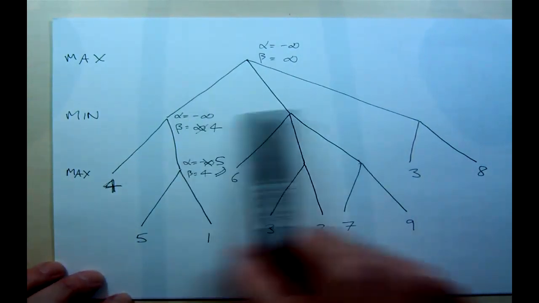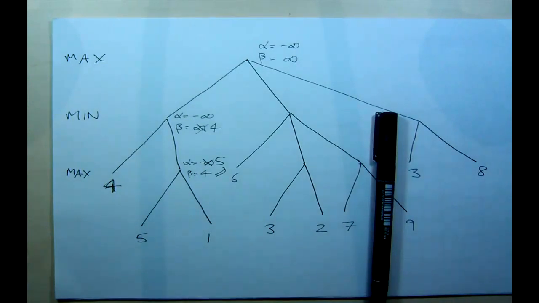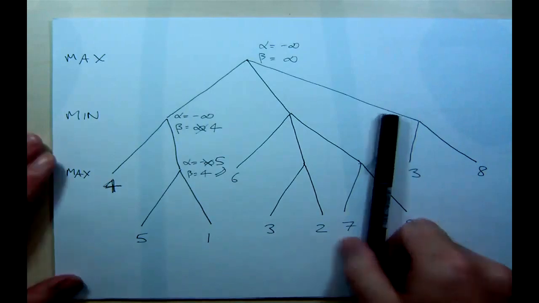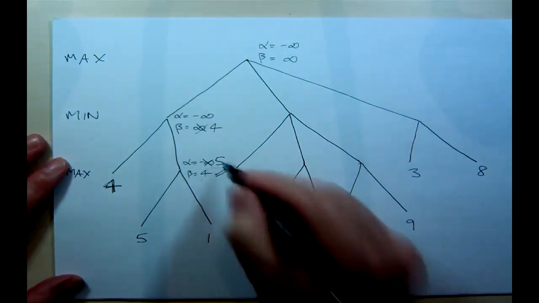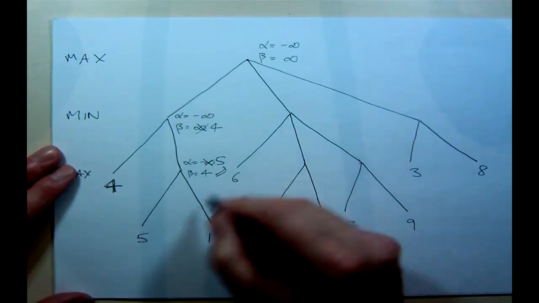So the alpha and beta form a window, and while we're doing the search, alpha is always less than beta. There's always some gap between alpha and beta, and we're only interested in nodes whose evaluation is between alpha and beta. Right? Now, once alpha becomes bigger than beta, we cut off the search.